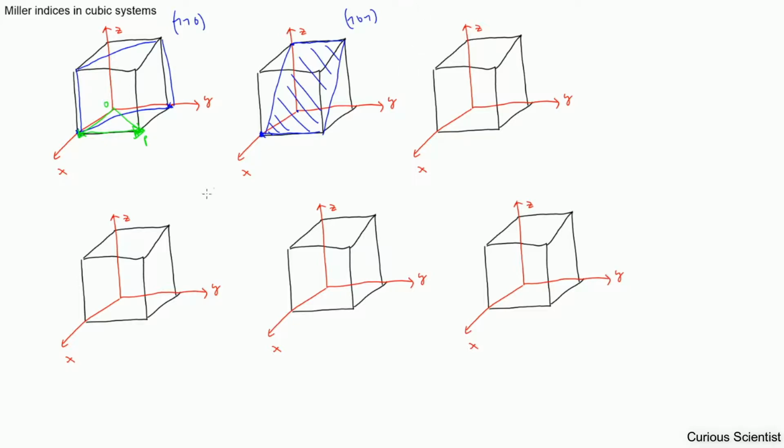So yeah, and we can try to do the same as previously. So we came one step here, and no steps on the y direction, and one step on the z direction. So we end up here, and we connect this with the origin.